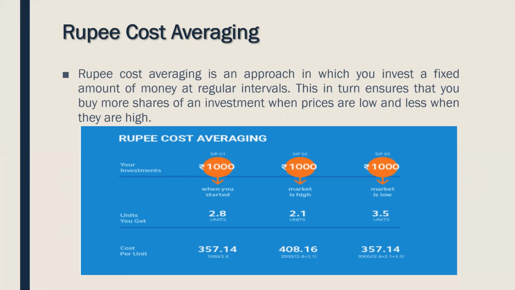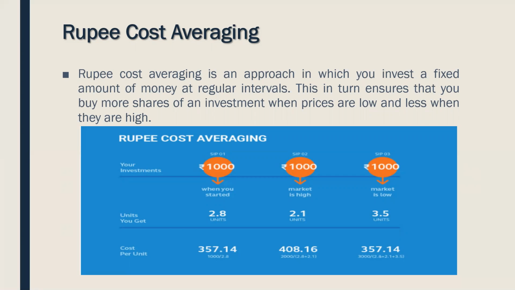In the first systematic investment, you invested 1,000 rupees and you were able to buy 2.8 units from the market. The cost per unit was the 1,000 rupees you invested divided by the 2.8 units, so you get 357.14 as the cost you paid for one unit.